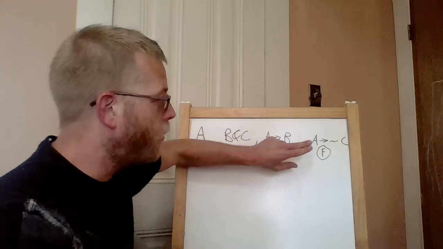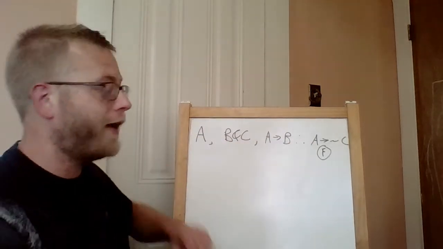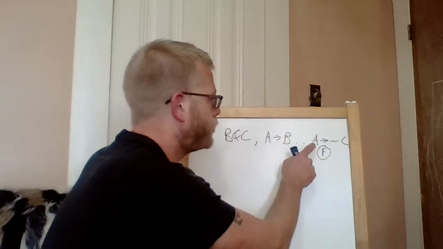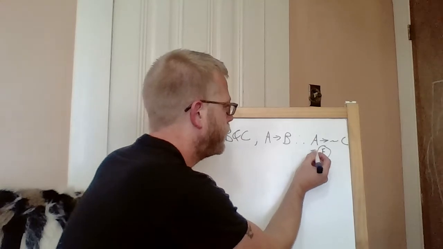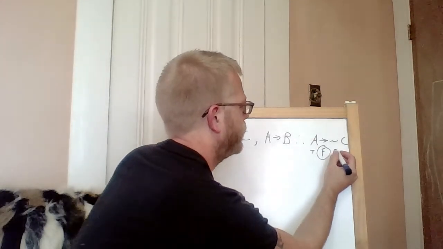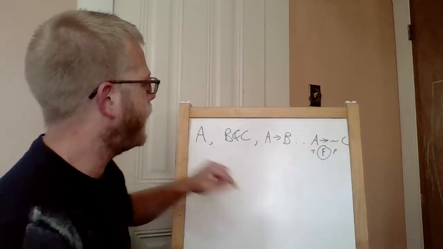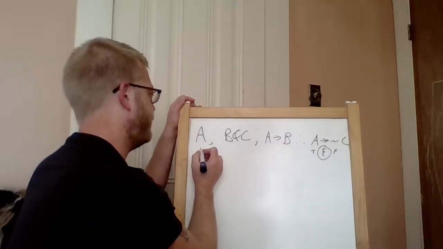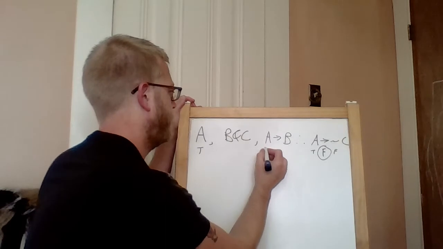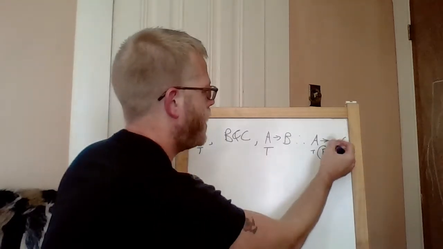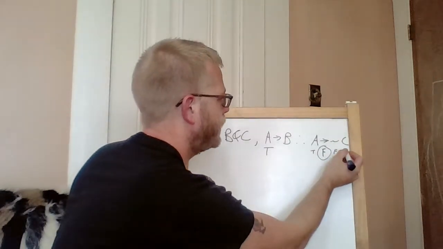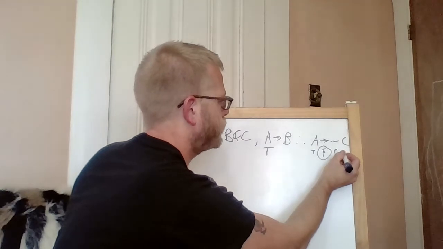There's only one way to make a conditional false, and we just saw that in the last one as well. You get a true antecedent and a false consequent. That's what will make it false. So we've got a truth value for A locked down, so let's transfer that value right away. And we know that not C is false, so C is going to have to be true.